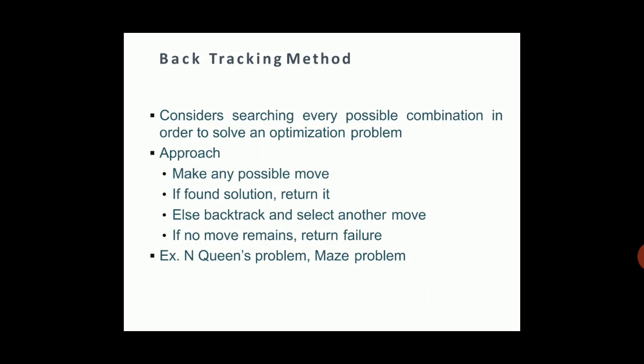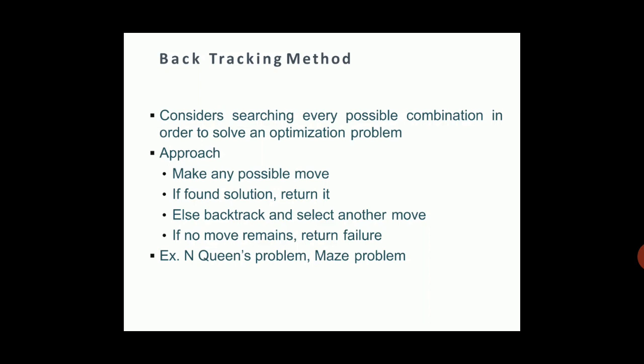In DFS, depth first search, which we will discuss in data structures, we search the set of possible paths. If an alternative does not work, we backtrack the path and choose the next path, and find the solution. We search every possible combination in order toward optimization.